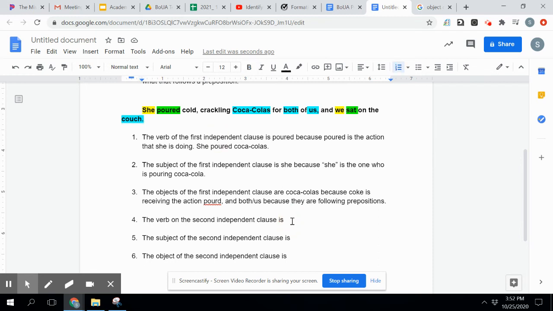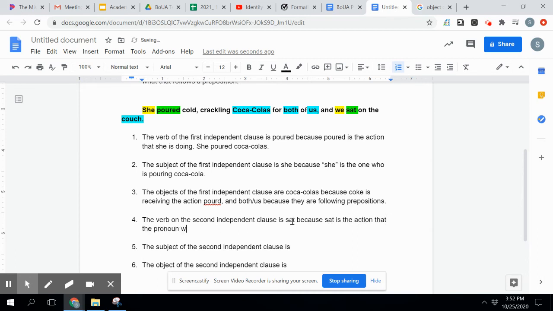So I'm going to do the same thing. The verb of the second independent clause is sat because sat is the action that the pronoun we is expressing. The subject of the independent clause is we because we is the pronoun that is performing the action sat.